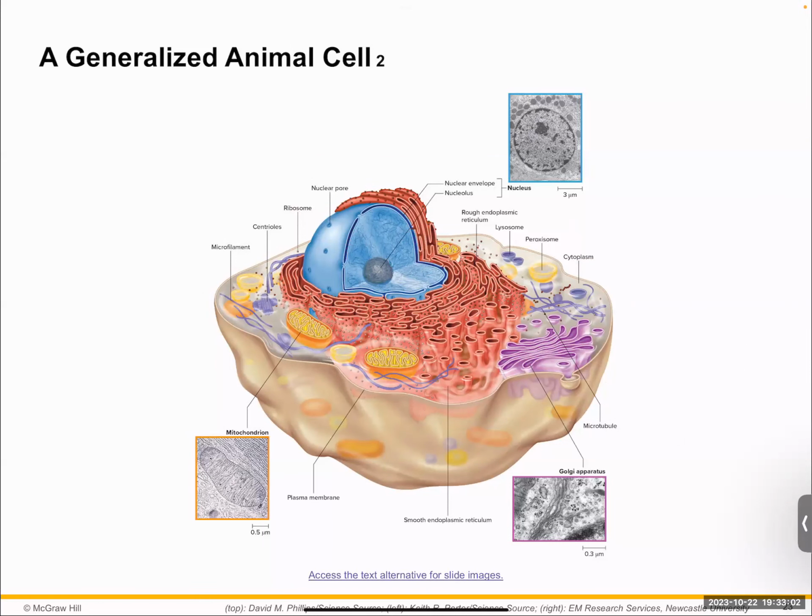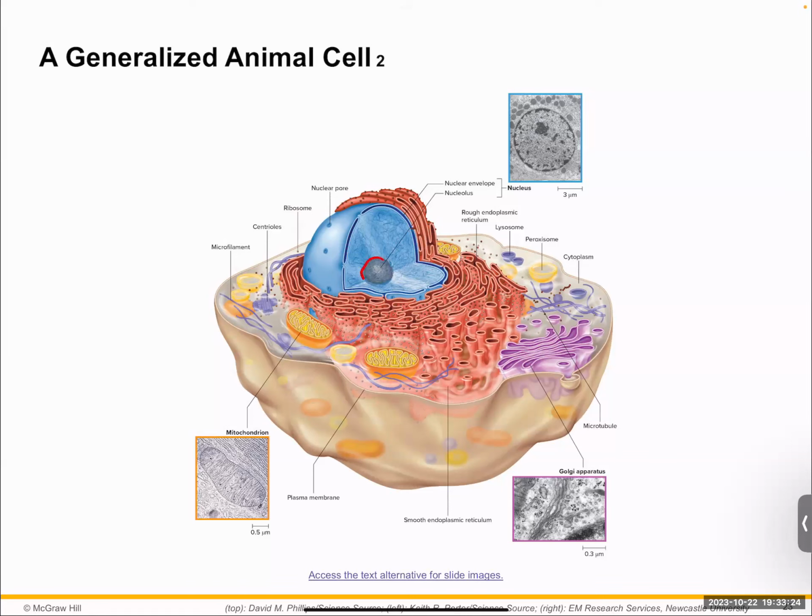This is a picture of an animal cell. Plant cells are slightly different and they do have some additional organelles as well as the cell wall. But because we're talking about human genetics in this class, we will look at a typical animal cell. So you can identify some of the main structures.